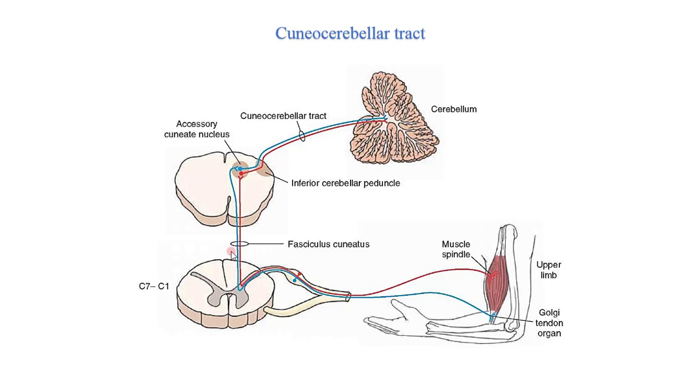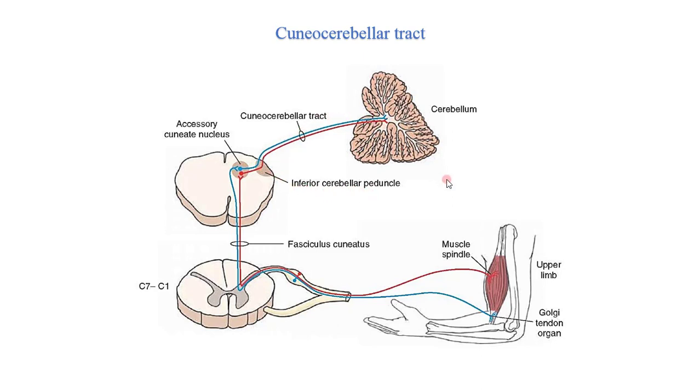Instead, they ascend in the cuneate fasciculus on the same side of the body and synapse with the second order neurons located in the accessory cuneate nucleus. From here, the axons of second order neurons enter the cerebellum via the inferior cerebellar peduncle.